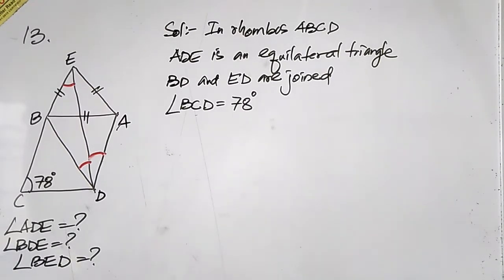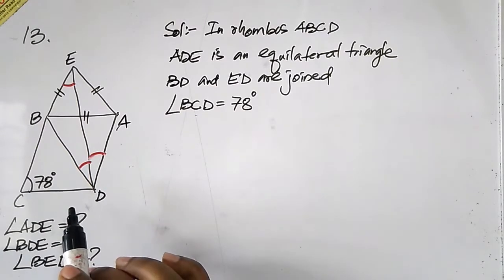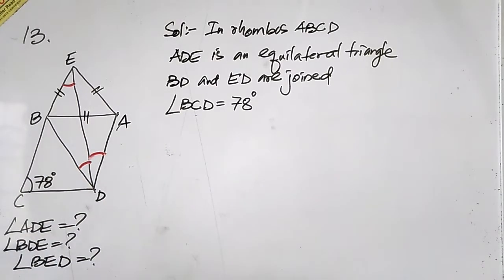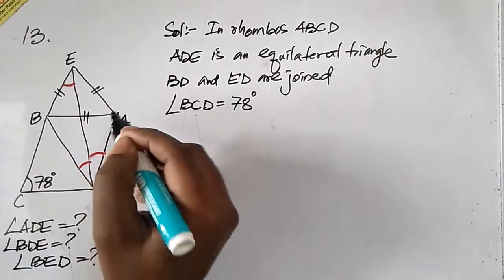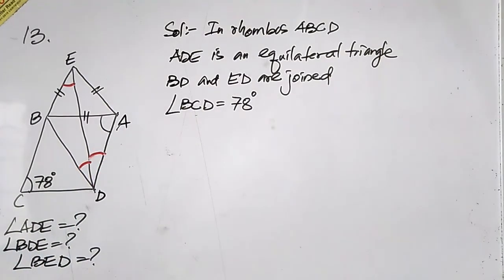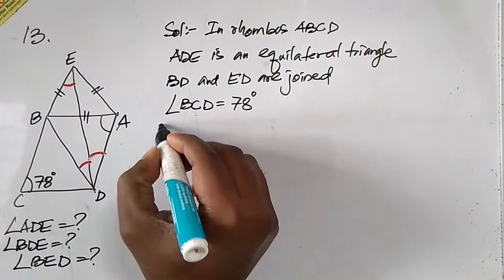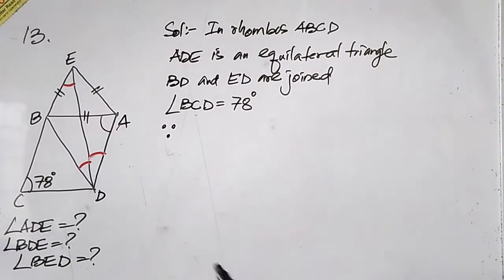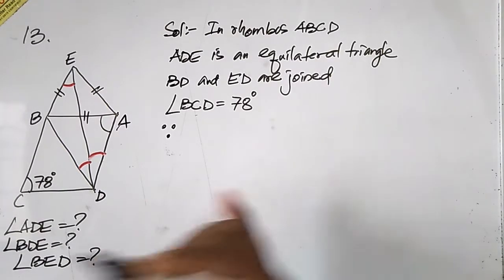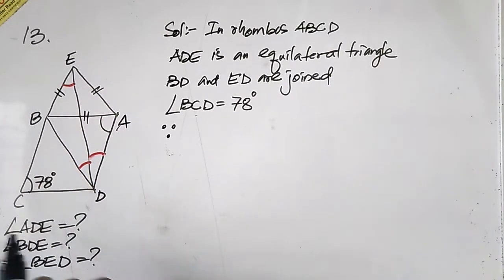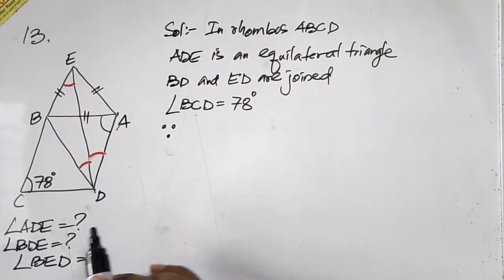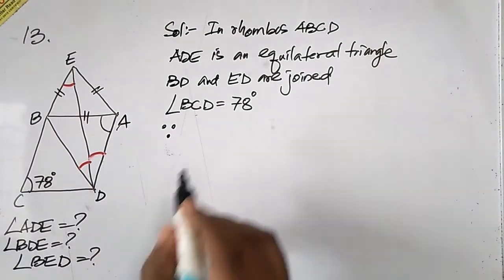Now you remember that it's a rhombus. That means angle BAD and angle BCD will be the same, as in a parallelogram, which means that the opposite angles will be the same. So we have to write this down. This is our first measure of one of the angles here, based on the law of a parallelogram that the opposite angles are the same.